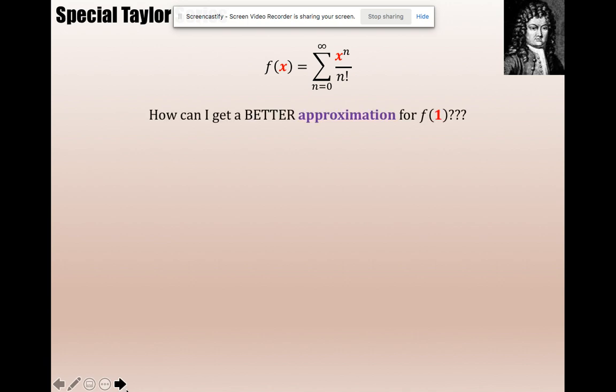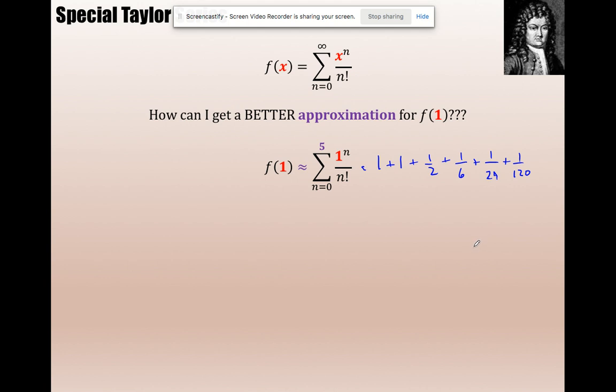Well, what if I want a better approximation for f of 1? Think about that finite polynomial. I cut it off after 3 terms. What if I cut it off after 5? So how am I going to do this? This is going to be 1 plus 1 plus 1/2 plus 1 over 3 factorial, plus 1 over 4 factorial, which is 24, plus 1 over 1/20th.